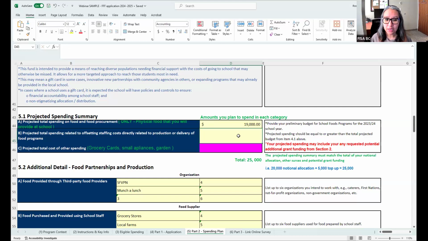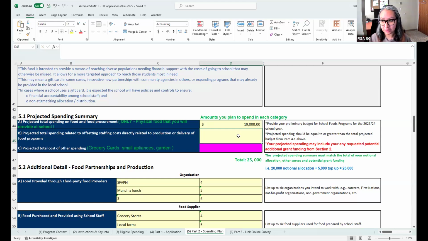The second one is the numbers that we're going to spend on staff. And I know this discussion, we have had it before. We cannot spend more than 10 percent of our total funding. No more than 10%, that is the maximum that we can put into this.